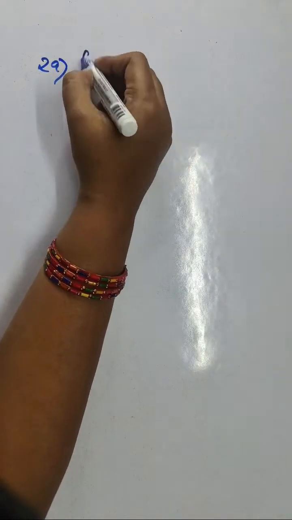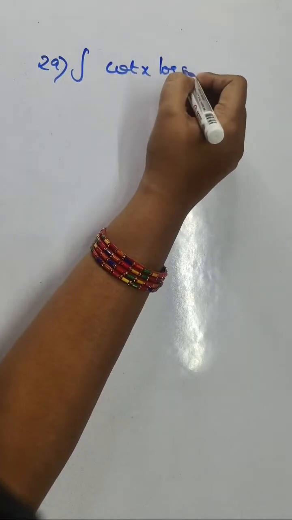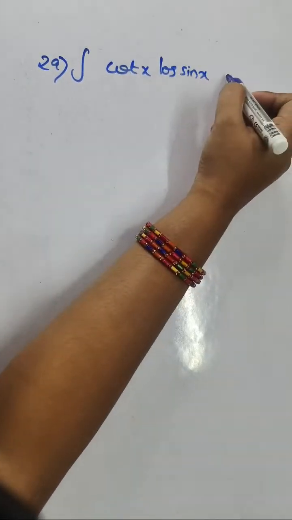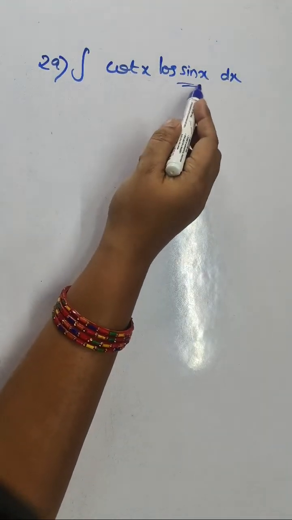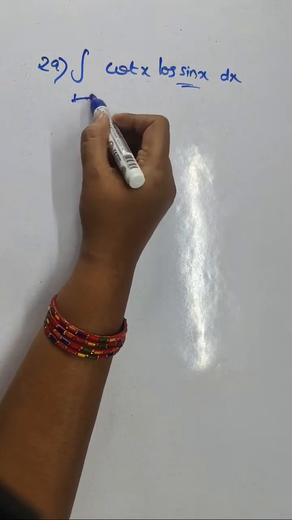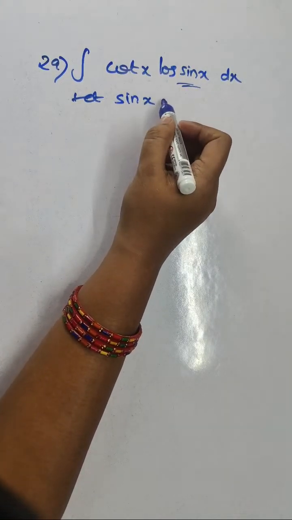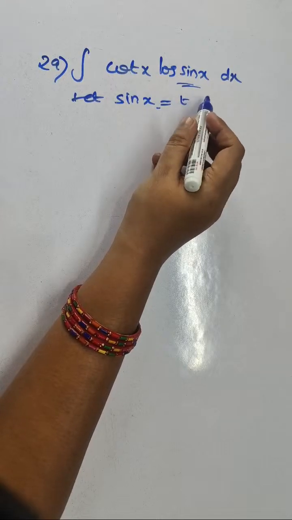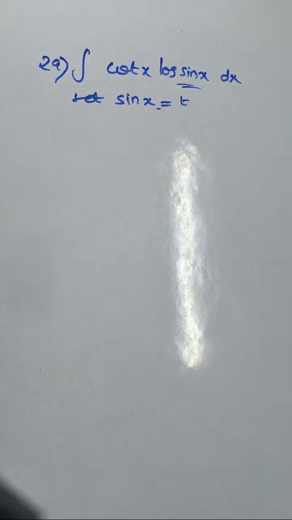Question number 29. Integral cot x log sin x dx. So let's try to take the argument part. Let sin x equal to t. But when you differentiate, you will get cos x, but here you have cot x.